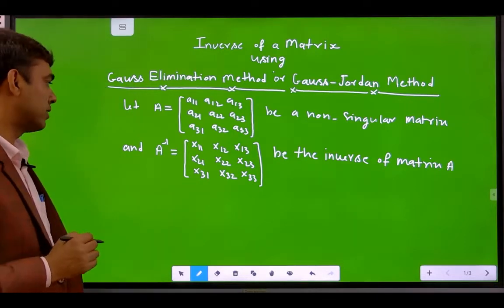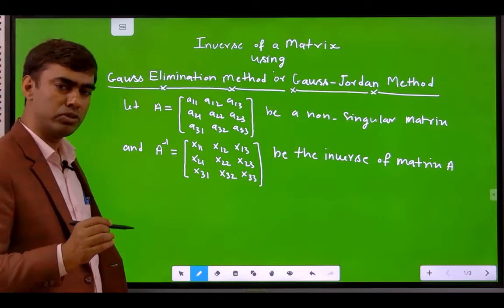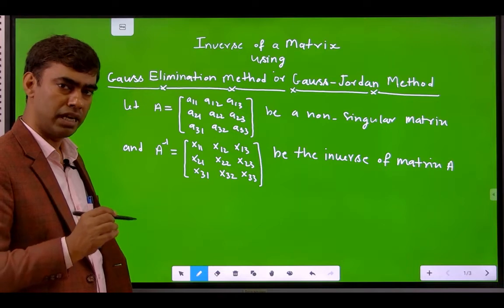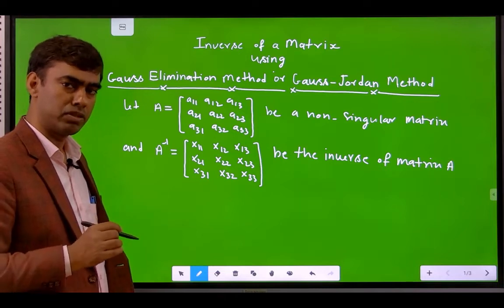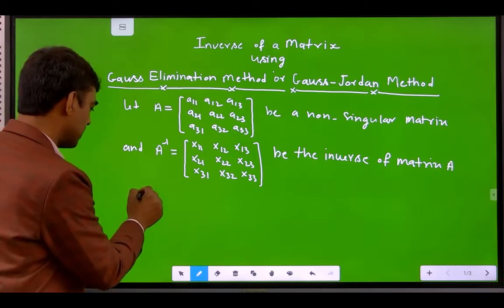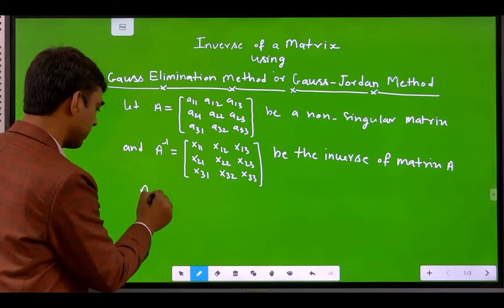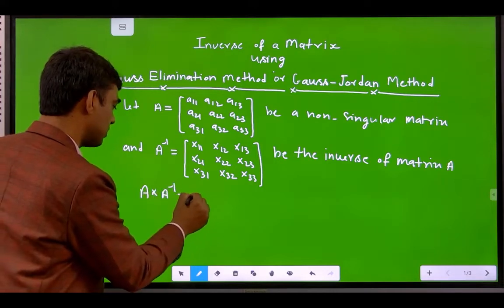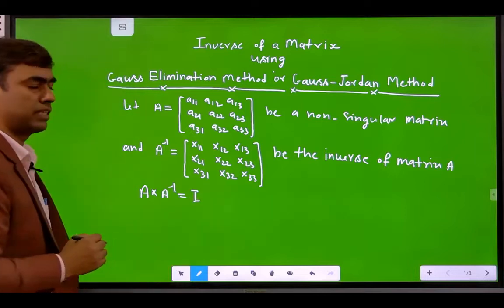Now how do we find this? Here we are going to use one property of the inverse of a matrix. It is a very simple property: if we multiply A into A inverse, then this becomes an identity matrix.